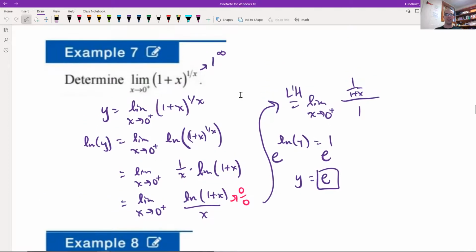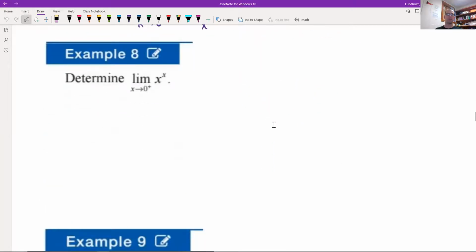Very similar strategy here for number 8. Here we've got x to the x, that's a weird function. But again, the limit looks like 0 to the 0 power, which is another indeterminate form. We're going to use a log.